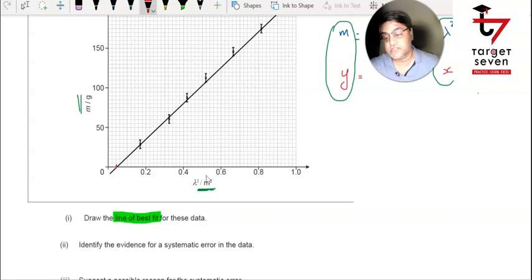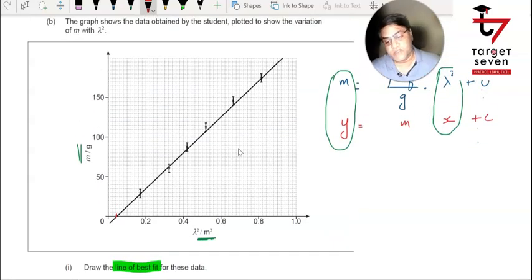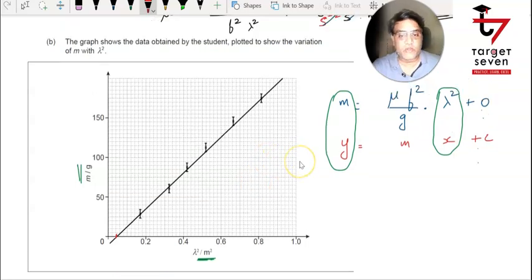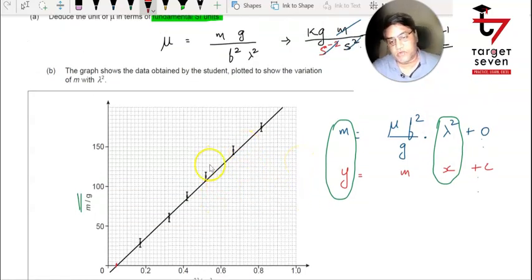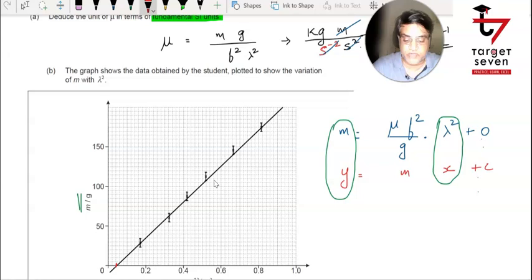Right. The next question is identify the evidence for a systematic error in the data. Now, whenever we talk about systematic errors, again, fall back onto the equation and fall back onto the line of best fit that has been drawn. In accordance with this equation, the expectation is that the y-intercept value should be equal to 0.